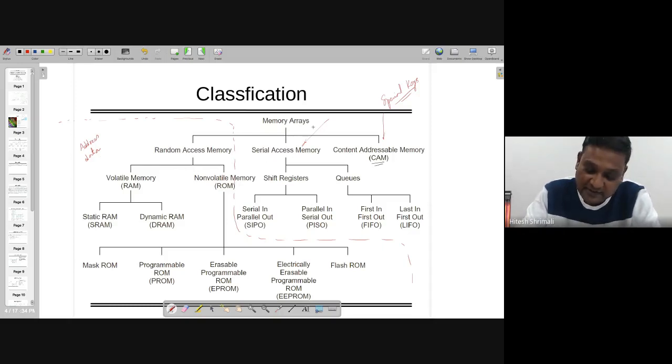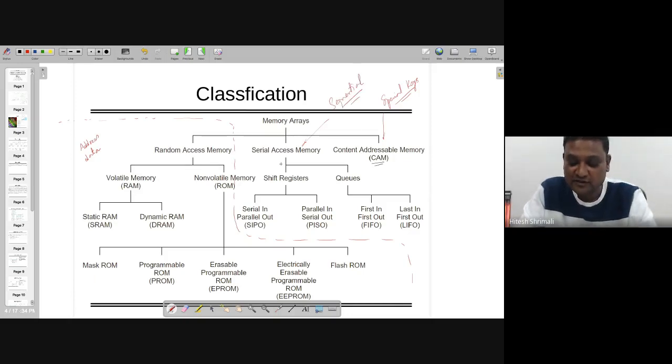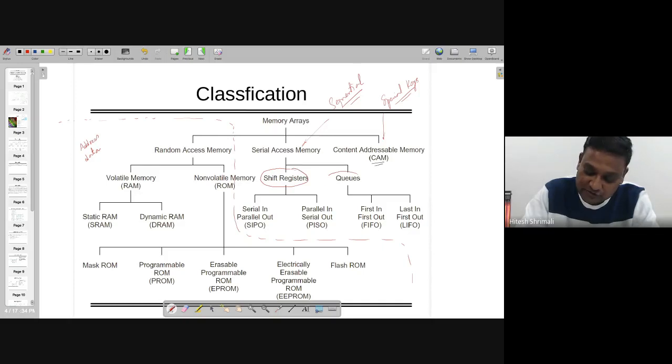One is serial access memory, which is sequential based, or you can design these kinds of memories using proper sequential circuits like shift registers, queues, like SIPO, PISO, FIFO, LIFO, right? You must have studied these things in previous courses.